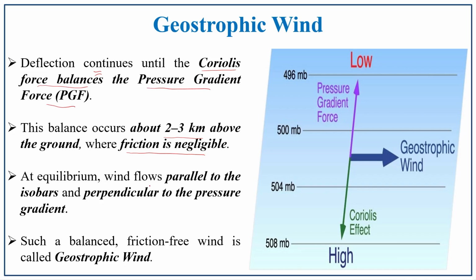At this equilibrium, the wind flows parallel to the isobars. If the isobars are generated like this, the wind also moves parallel to these isobars, and perpendicular to the pressure gradient. Such a balanced, friction-free wind is known as geostrophic wind.